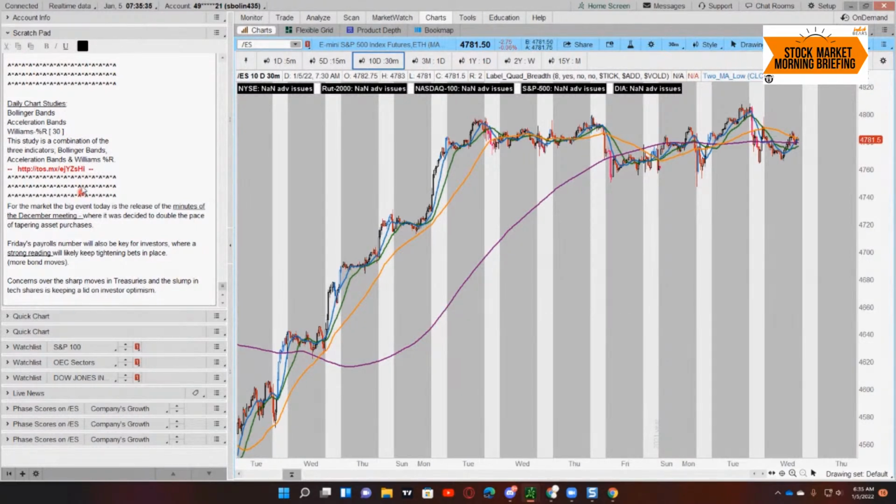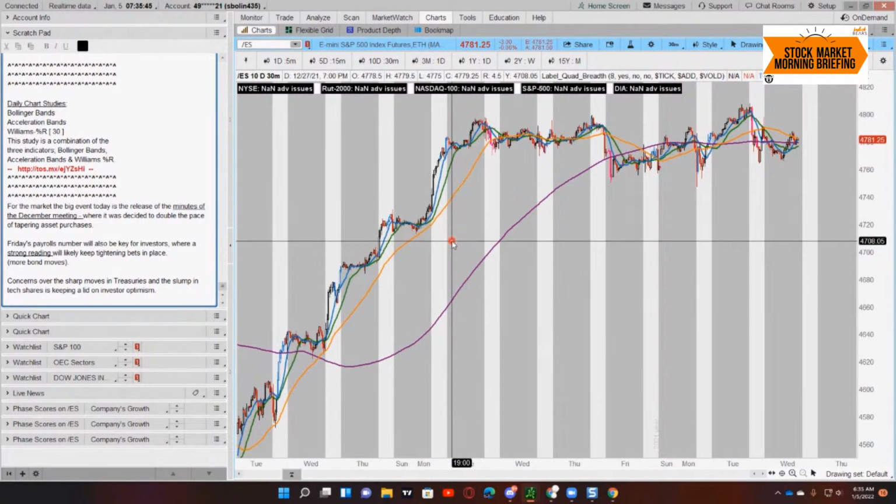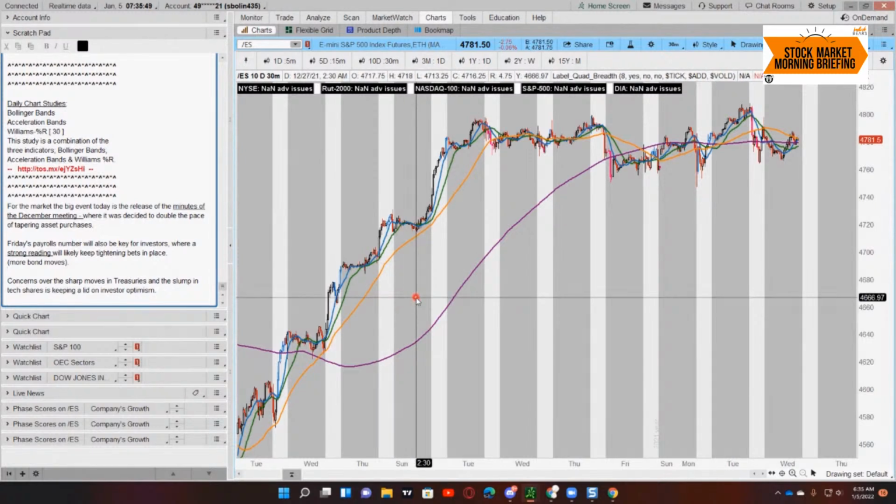So the release of the meeting minutes, Friday's payroll numbers are a big deal. So we're kind of back in that wait and see again. The sharp move in the treasuries and that rout in tech shares is kind of keeping a lid down on any kind of exuberance.